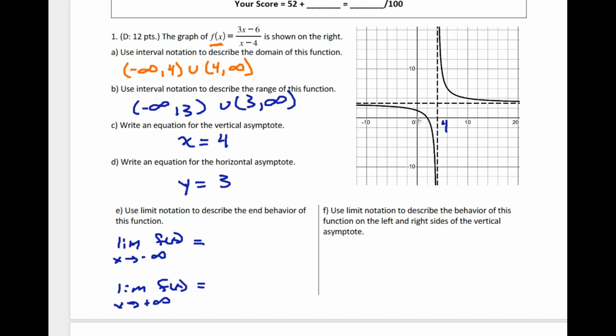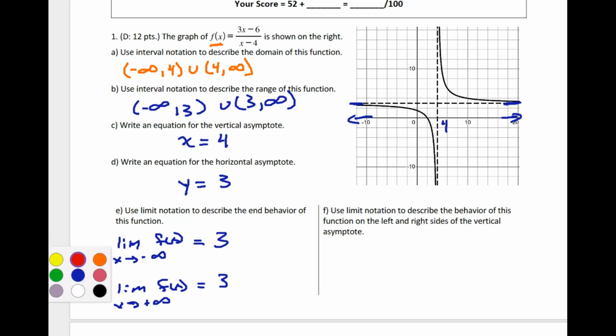On the left side, as x goes to negative infinity here, we see the y value is approaching the horizontal asymptote. It's approaching 3. And on this other side, as x goes to positive infinity, the function is approaching the horizontal asymptote on this side as well, and so the limit is 3.